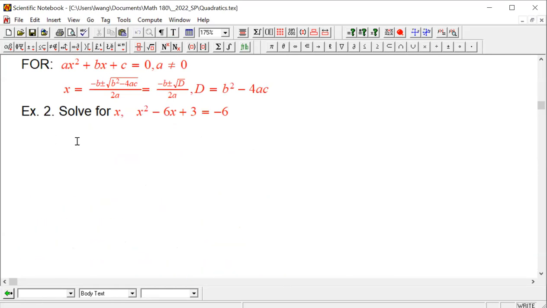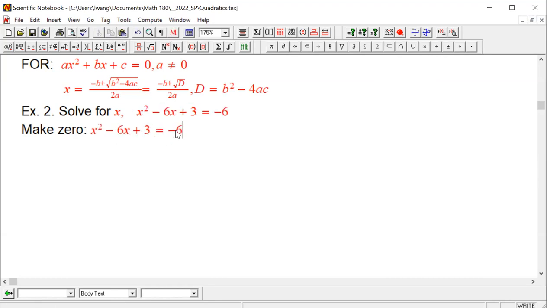What do we get? Well, before we use the quadratic formula, we have to make sure one side is 0. And now we don't have any side equal to 0. So we have to make 0. How do we make 0? We use principle number 3 or principle number 4. Right here, the easiest way would just be adding 6 on both sides.